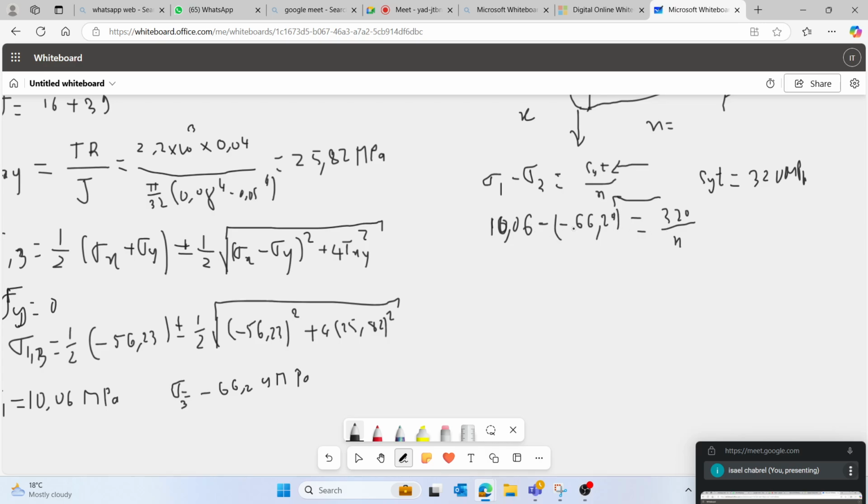Remember, if you add these two, you will get a positive answer, something like 76.3, since minus minus gives plus. So what is N? N would be 320 divided by this.